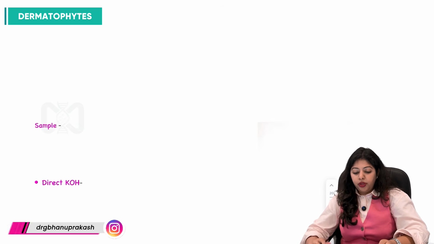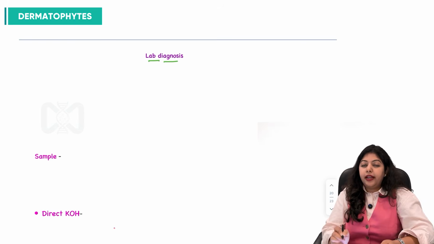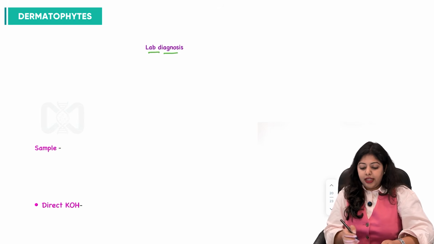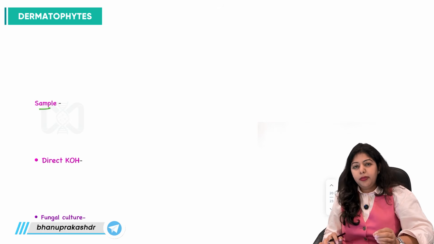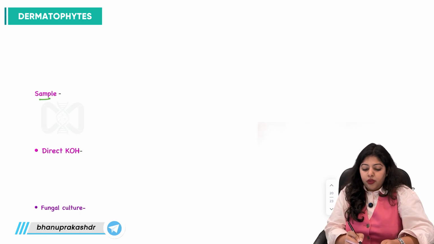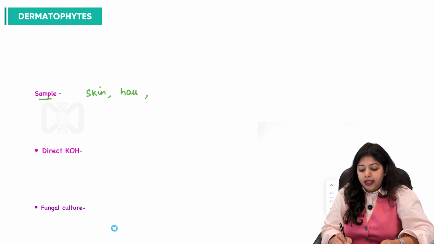Now moving on to the lab diagnosis. Firstly, samples. Some of the sections we have already seen, but a little bit more detailing will be done. For samples, we have seen we require skin scrapings, plucked hair and nail clippings.